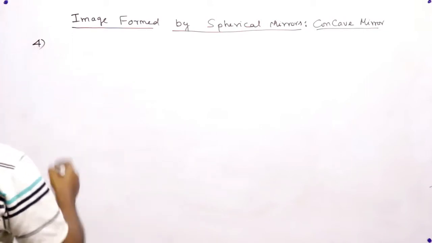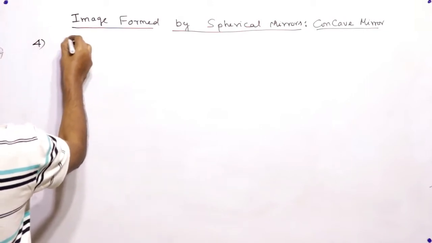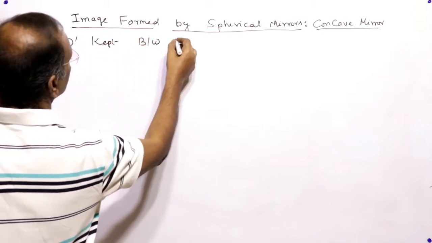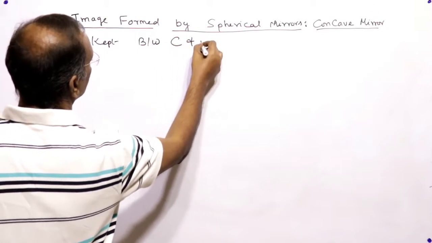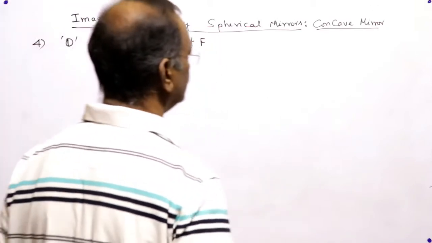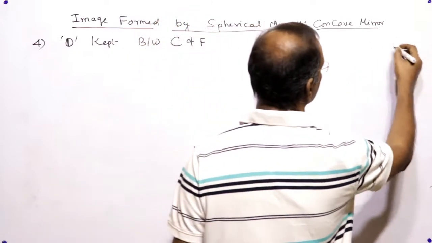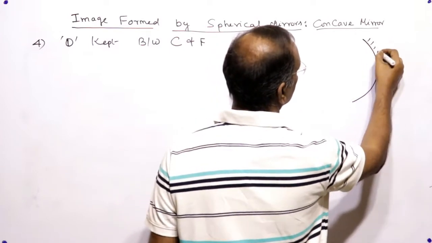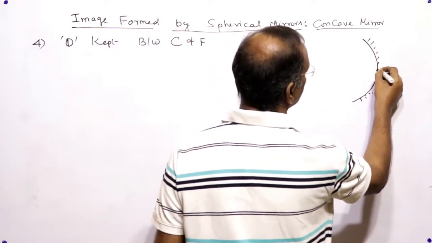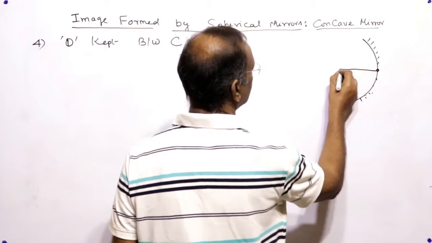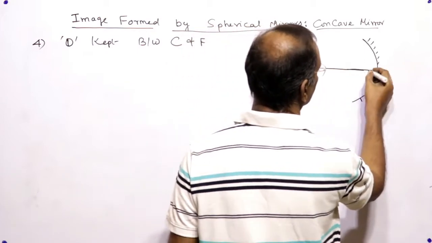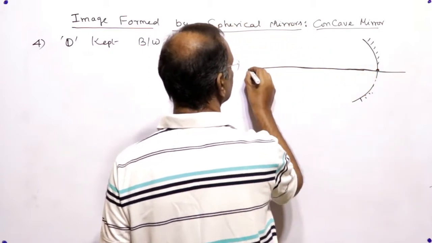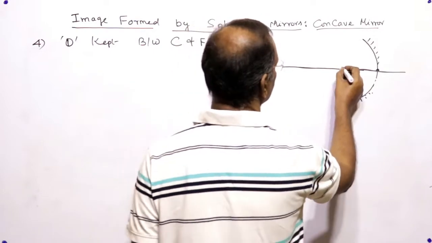When the object is kept between the center of curvature and focus, let us see where the image is formed. This is the pole, this is the principal axis, and this is the focus.